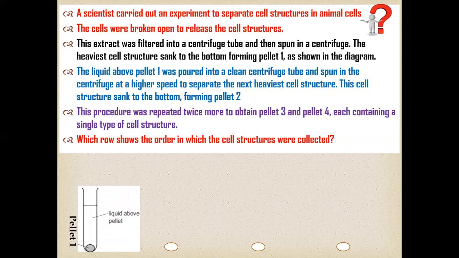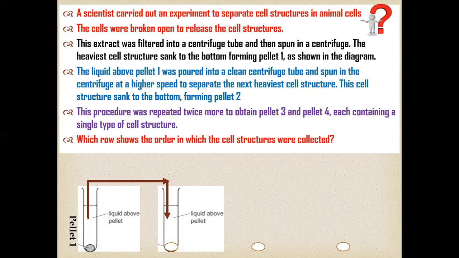After centrifugation, we got the second test tube, and in this second test tube the second heaviest particle settled down at the bottom and produced pellet 2.